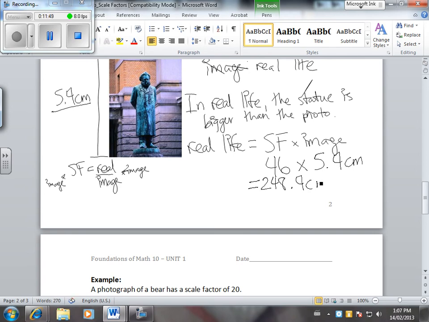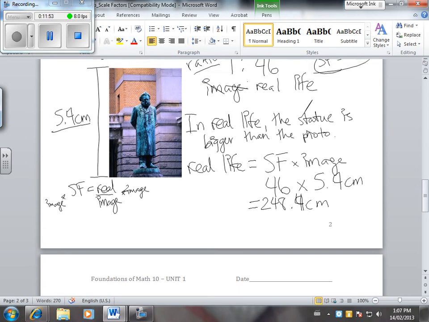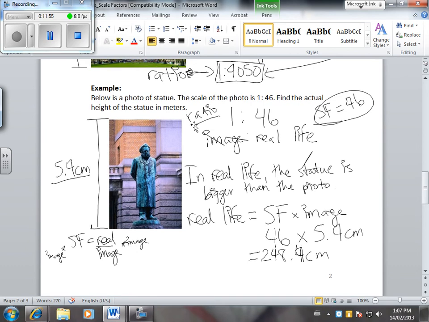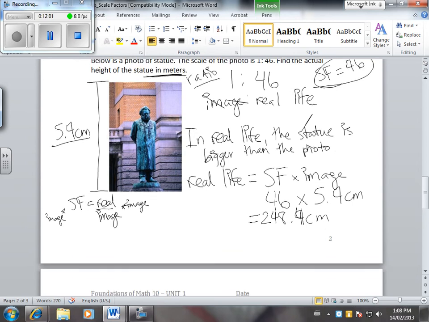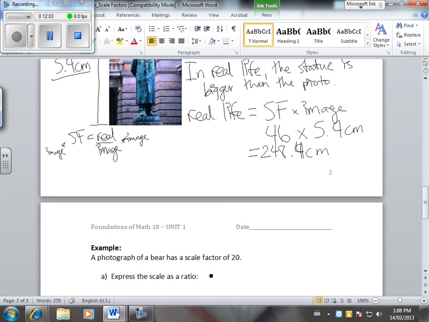And that gives us 248.4 centimeters. Now let's look and see what they asked us in the question. Find the actual height of the statue in meters. So right now we have centimeters, so we have to convert our centimeters to meters. So we have 248.4 centimeters times, put centimeters on the bottom.